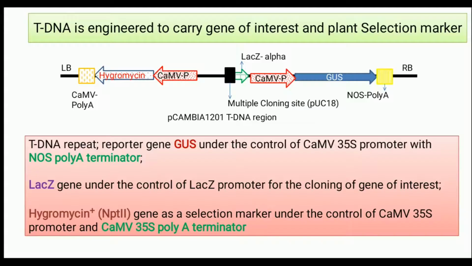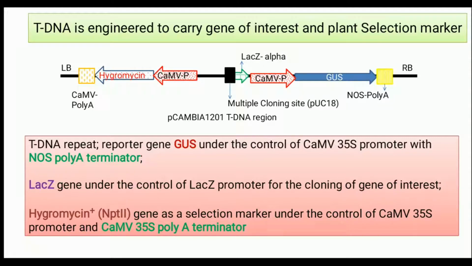So we will see the engineered fragment between the left border and right border. For example, this is the left border and right border. For any expression vector, we have to incorporate one selection marker. And in eukaryotic gene structure, we know we need a promoter, then the gene of interest, then a stop signal or terminator signal.